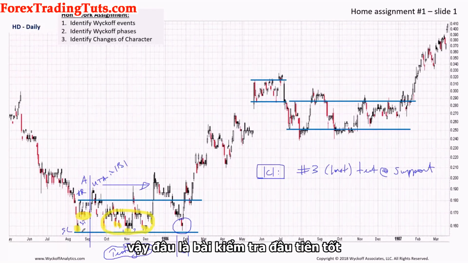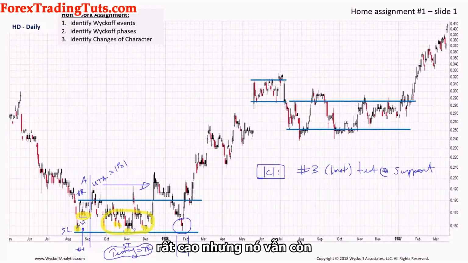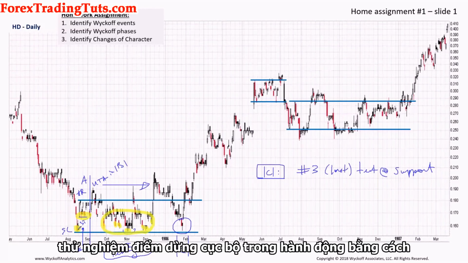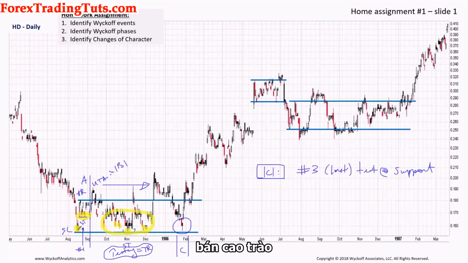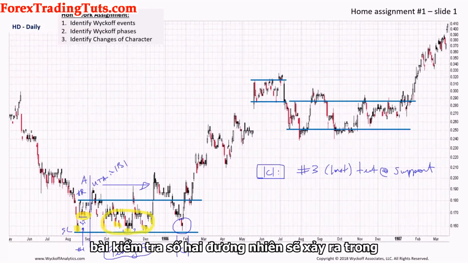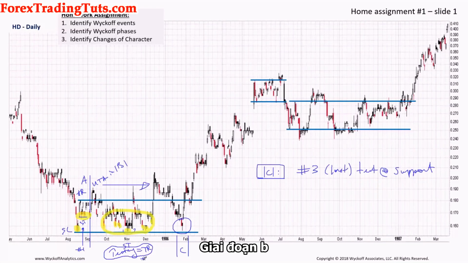So where is the first test? Well, naturally, after the climactic action in phase A, that's number 1, and that's at the support level, even though it comes so high, it's still testing the local stopping action by the selling climax. Test number 2, naturally, will happen in phase B.